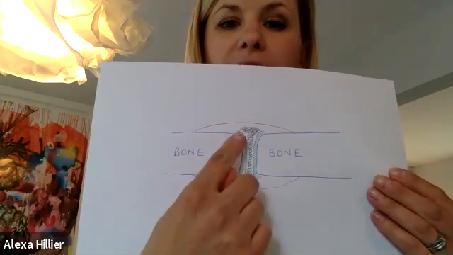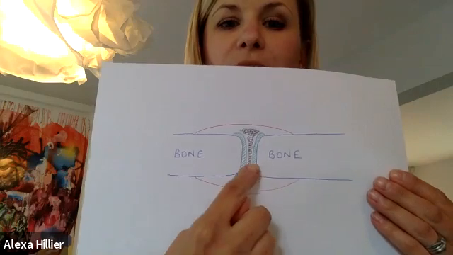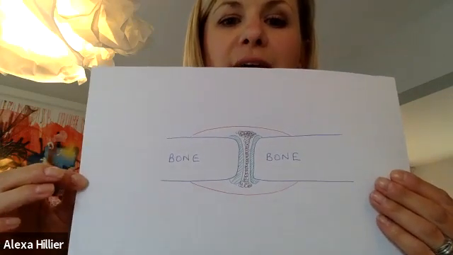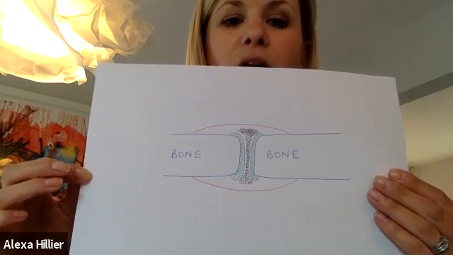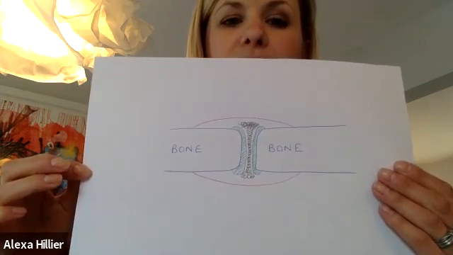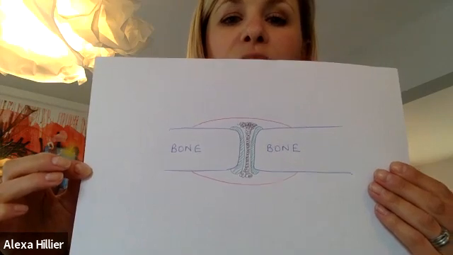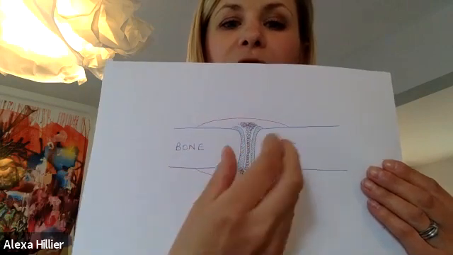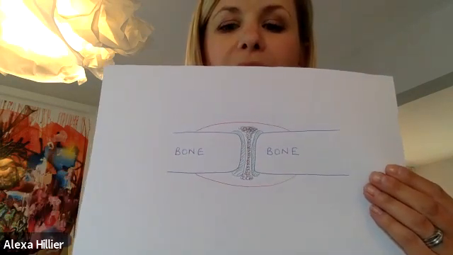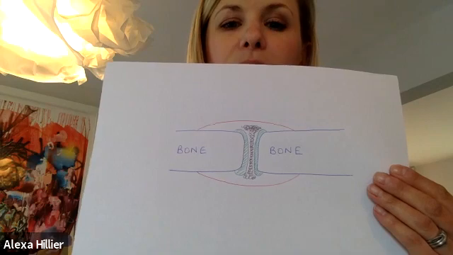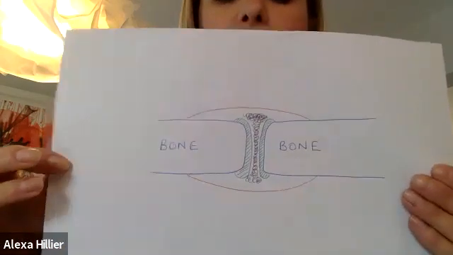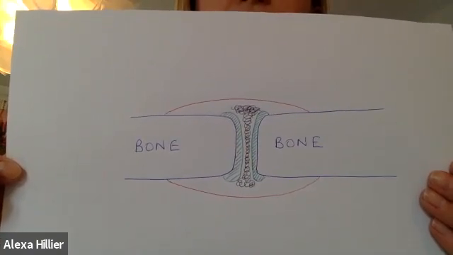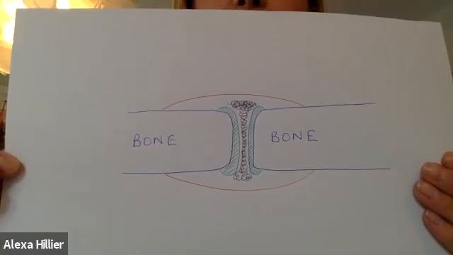At the ends of the bone, the green section, we have got a covering over the edge of each bone, which is cartilage. This covering of cartilage is going to protect the edges or the ends of the bone and avoid the bone rubbing together. So the green area is cartilage, covering the ends of each bone.